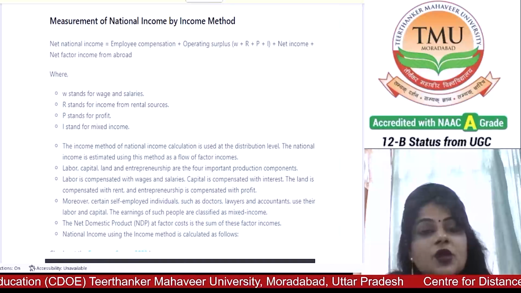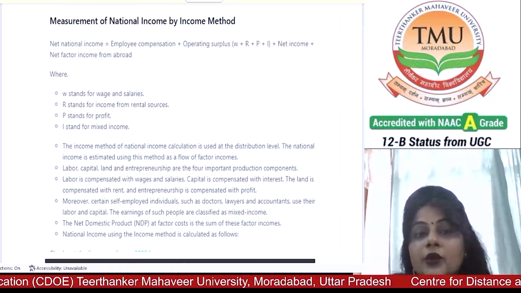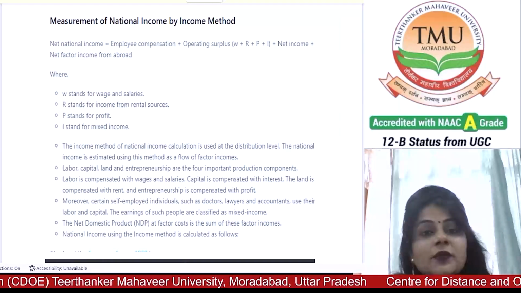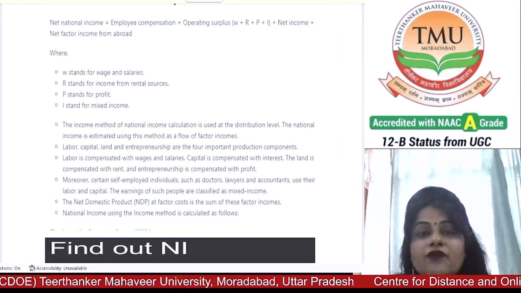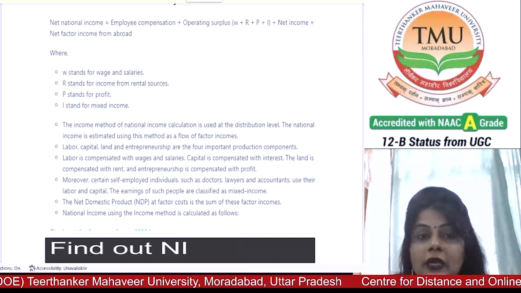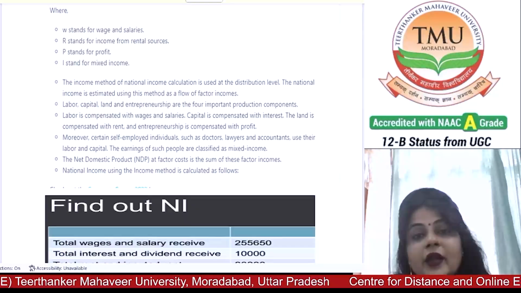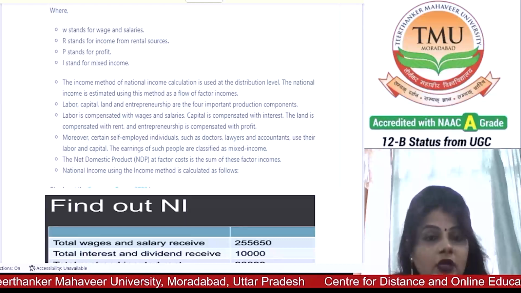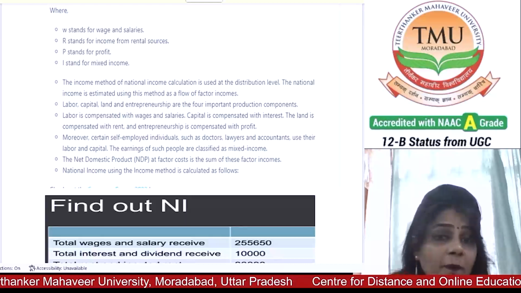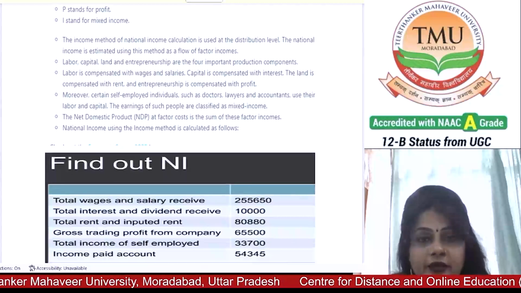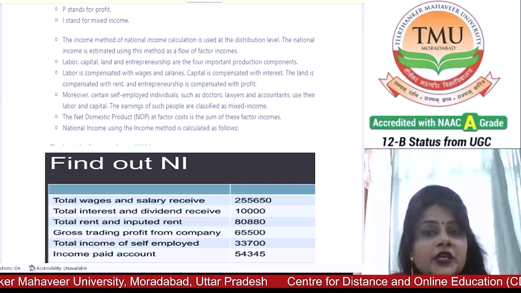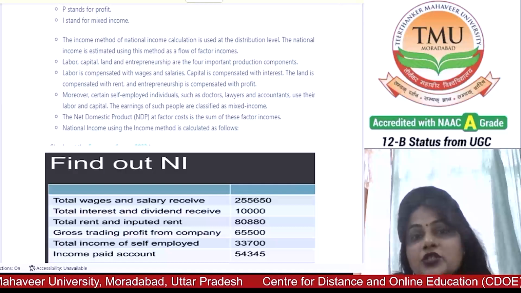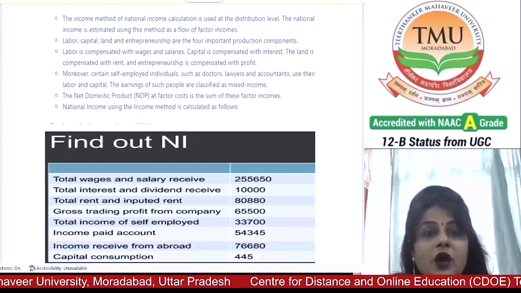So the income method of national income is calculated at the distribution level. The national income is estimated using this method as a flow of factor incomes. Labor, capital, land, and entrepreneurship are the four important production components. Labor is compensated with wages and salaries, capital with interest, land with rent, and entrepreneurship with profit.